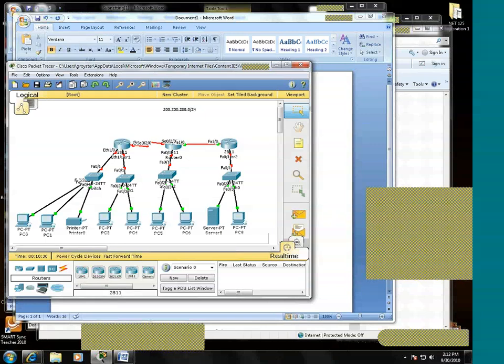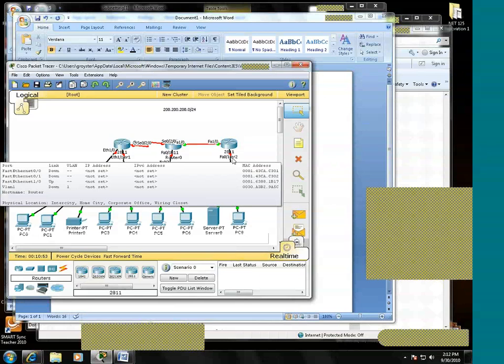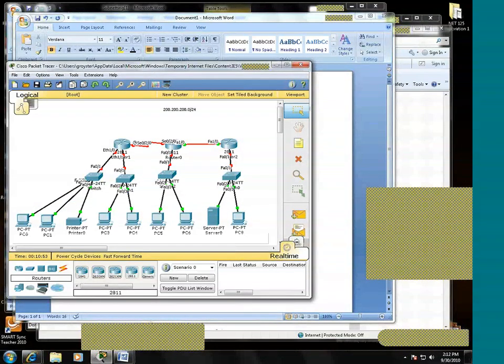Okay, we don't count these links, right? Because only routers create networks. So both of these links are in essence associated with this particular link or broadcast domain. So it's 1, 2, 3, 4, 5, 6.